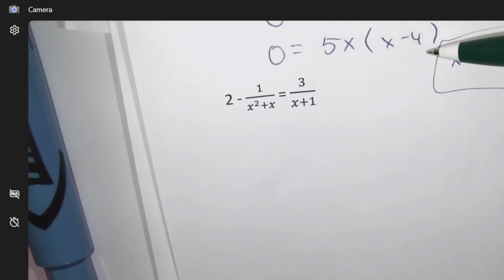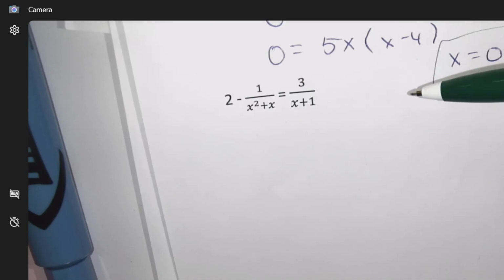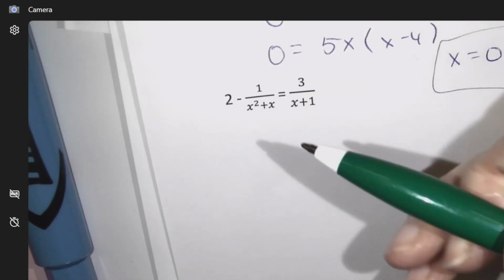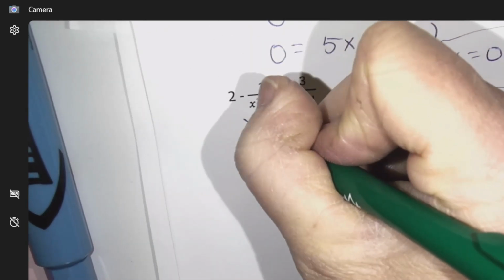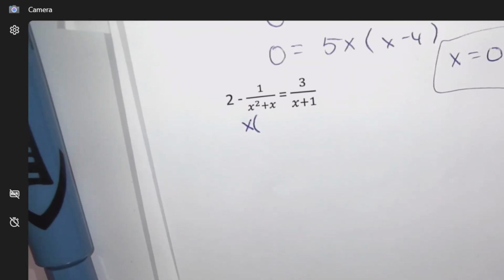Okay, so this one here is going to be the common denominator drop one. So to start that off, I'm going to do a factor, a GCF factor on this one.